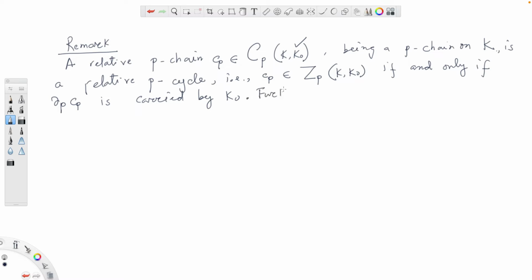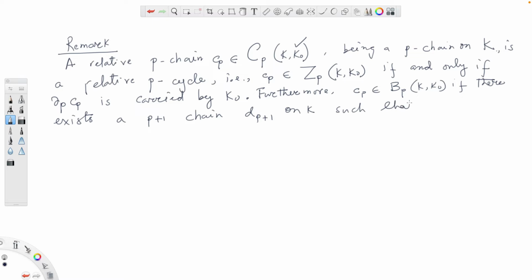Furthermore, this C sub P is an element of B sub P of K comma K0 if there exists a P plus 1 chain D sub P plus 1 on K such that the difference C sub P minus the boundary operator del P plus 1 acting on D sub P plus 1 is carried by K0.